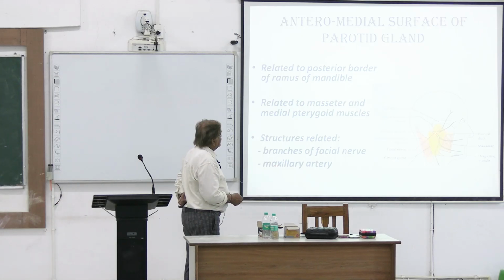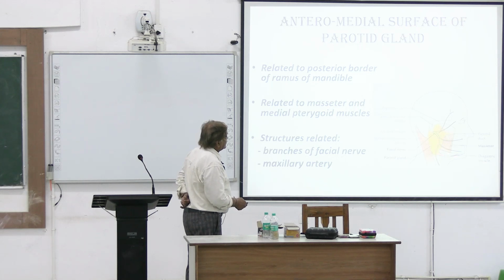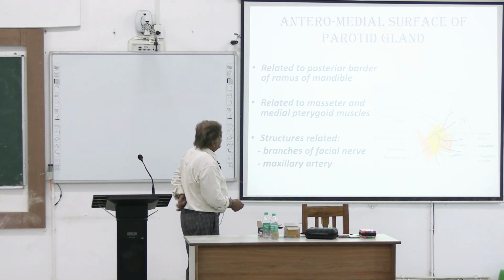This is the facial nerve, the mastoid process, external acoustic meatus, the parotid duct, this is the masseter muscle, and your digastric muscle. This is the parotid gland, facial nerve, and sternocleidomastoid muscle.